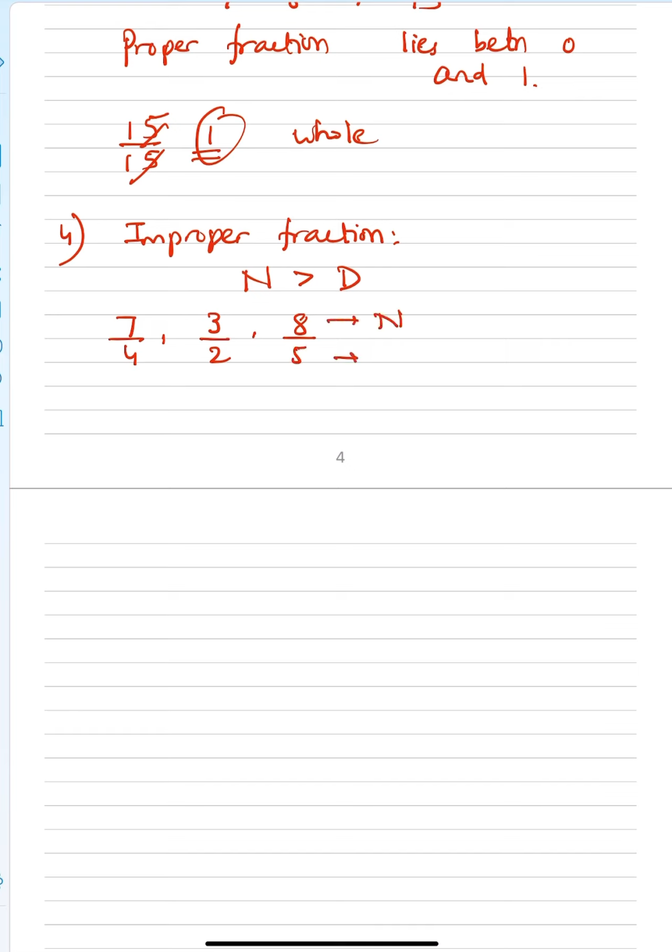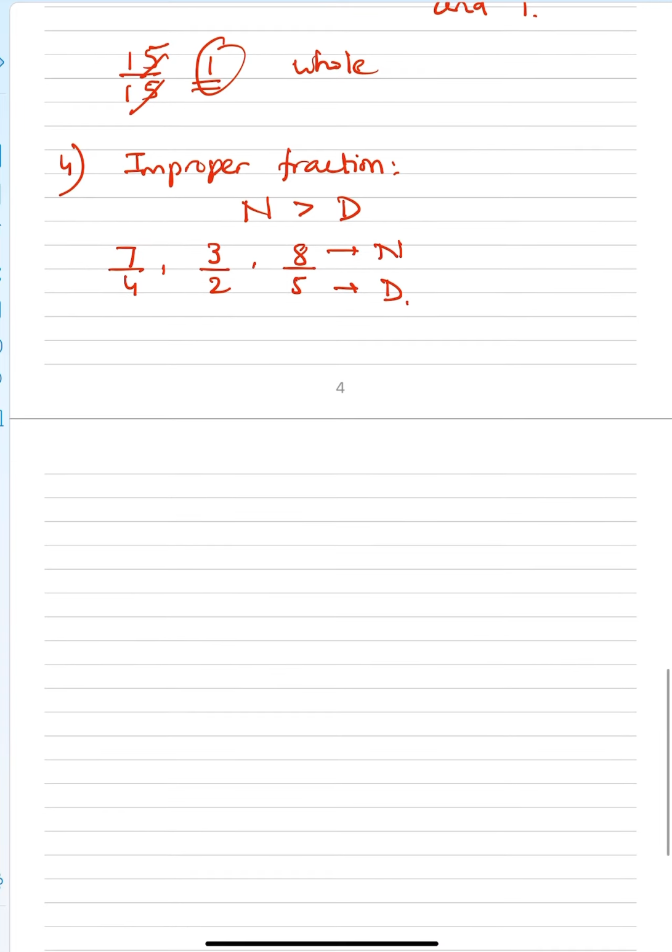These are the numerators, these are the denominators, and numerators are greater than the denominators. Now this is different from the proper fraction. We know that a proper fraction lies between 0 and 1. Okay, we know that.